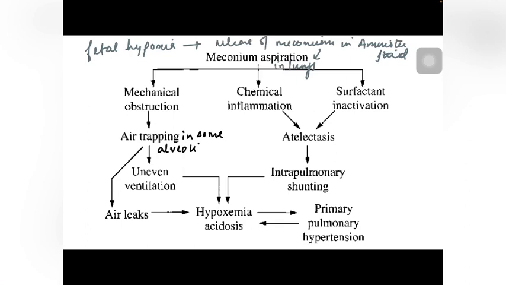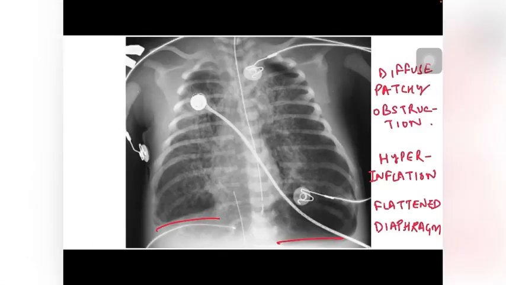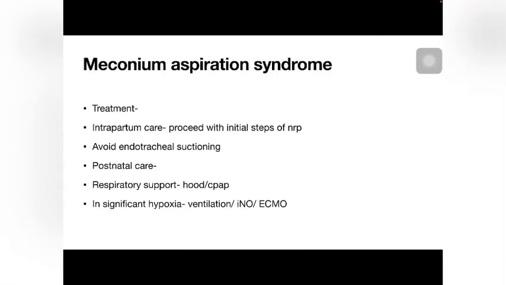There is also surfactant inactivation, which causes atelectasis. In total, there is fetal hypoxia and acidosis, which later causes pulmonary hypertension. This is an X-ray of meconium aspiration syndrome showing diffuse patchy obstruction, hyperinflation, and flattened diaphragm.